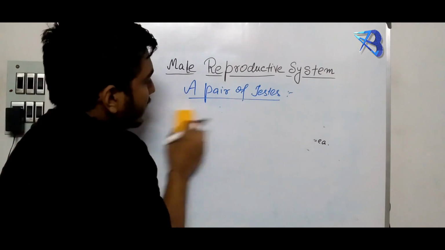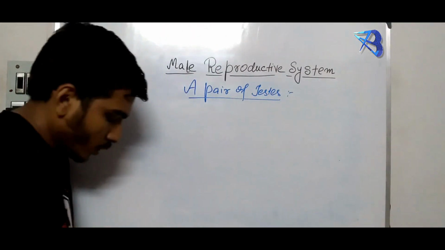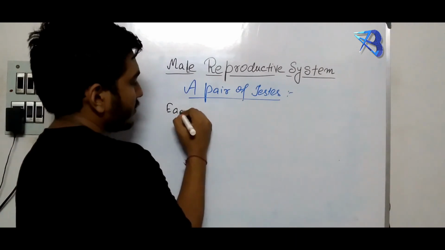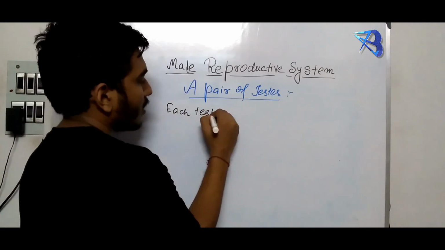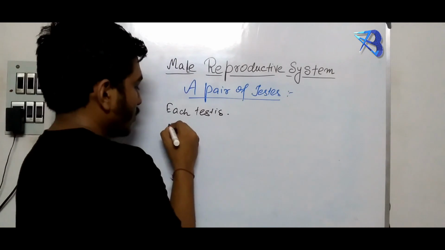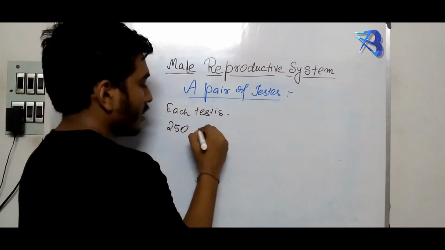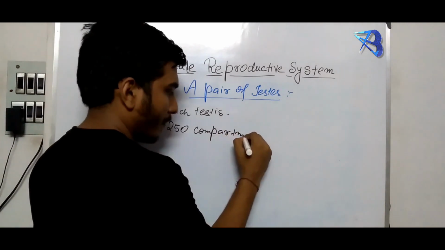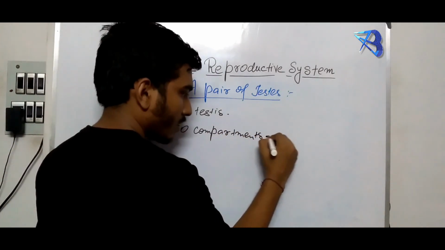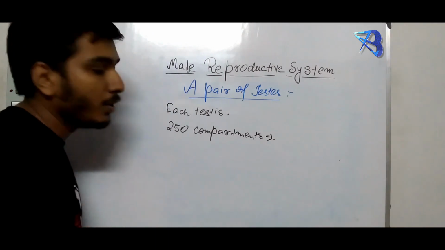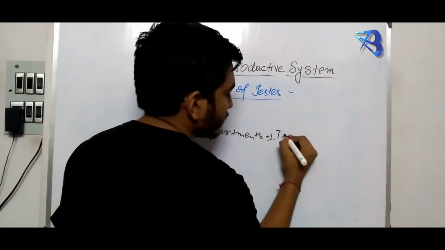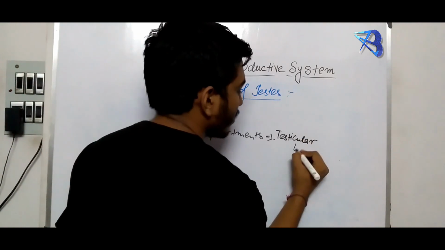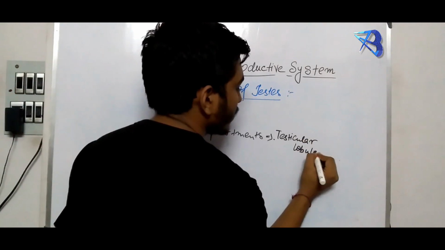Each testis has 250 compartments. These 250 compartments are called the testicular lobules.